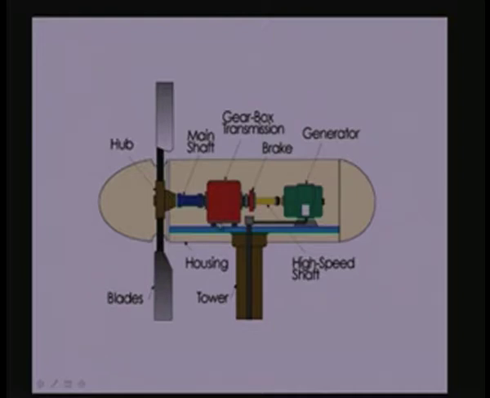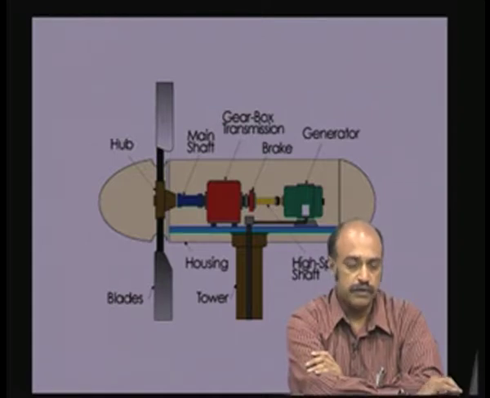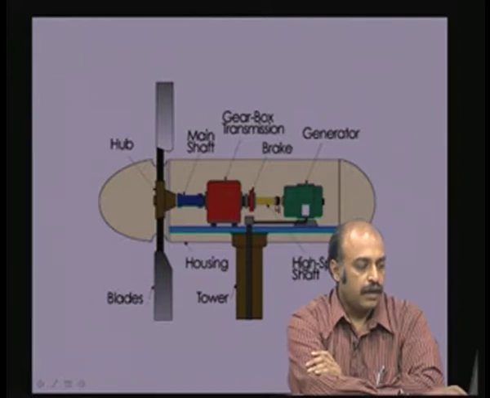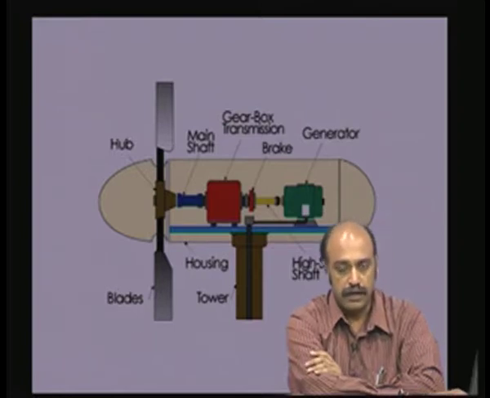It goes through a gearbox, because this shaft will be rotating at a different speed from the generator shaft. To make the speeds compatible, you have a gearbox, and the generator, which could be an induction motor acting as an induction generator, a DC generator, or an alternator.